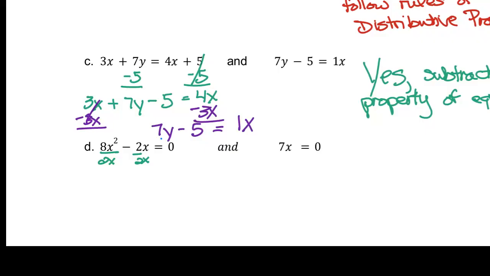When you're factoring out, you are basically dividing. So that 2x would come out in front. 8 divided by 2 is 4. X squared divided by x is x. Minus 2x divided by 2x is 1. And that equals 0.